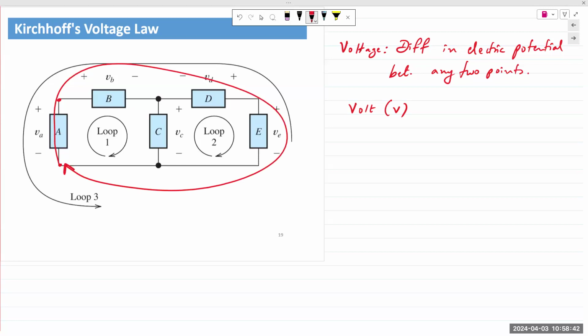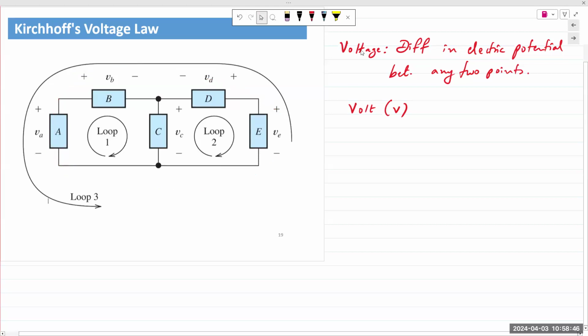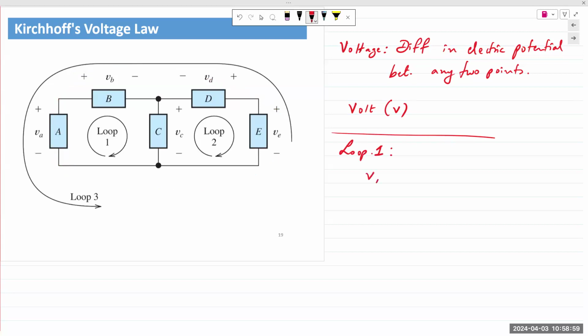The way I always apply KVL, and again, you do not have to follow the way I do it: the first thing I do is pick a starting point, and I pick my loop, and I note down all the voltages I have. So in this case, it's VA, VB, and VC, and they should sum up to 0.